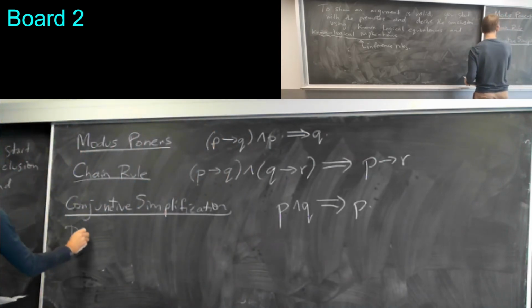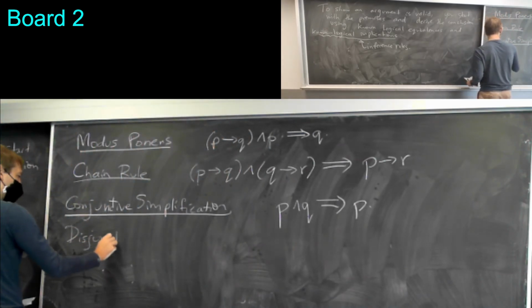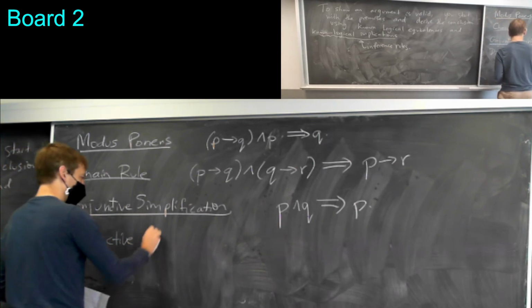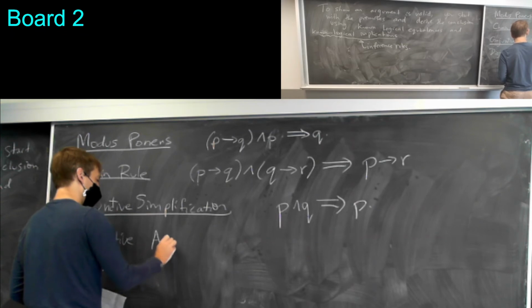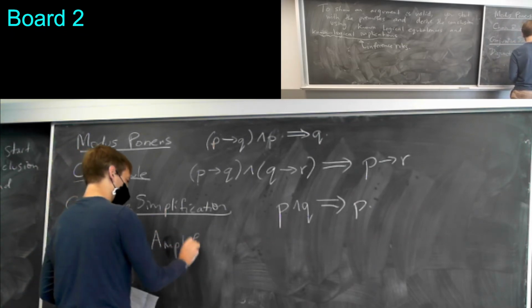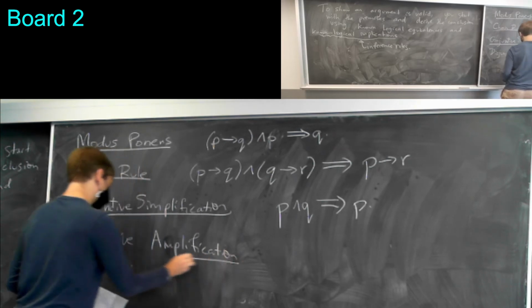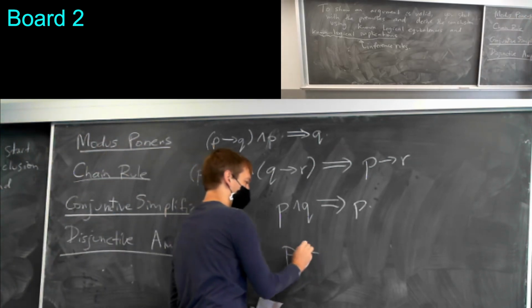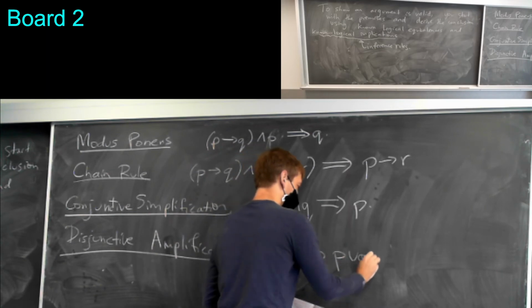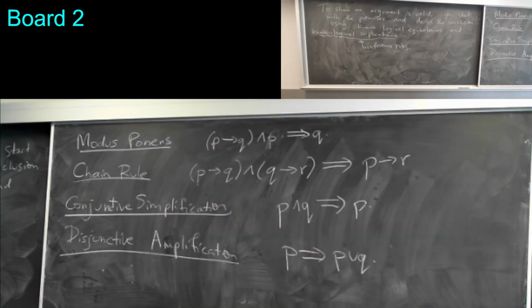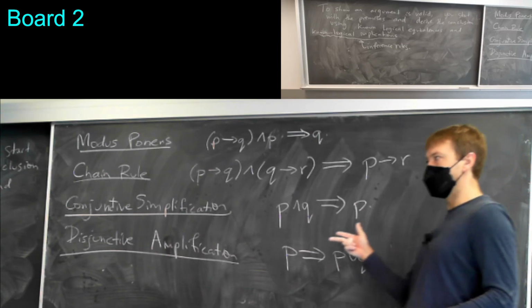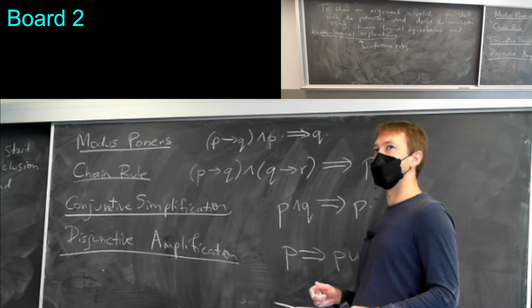Disjunctive amplification is kind of the opposite, but with or. So P implies P or Q. And I believe there are possibly several more of these in the notes. I think these are probably the key ones to remember, but there may be other ones that come up as well.